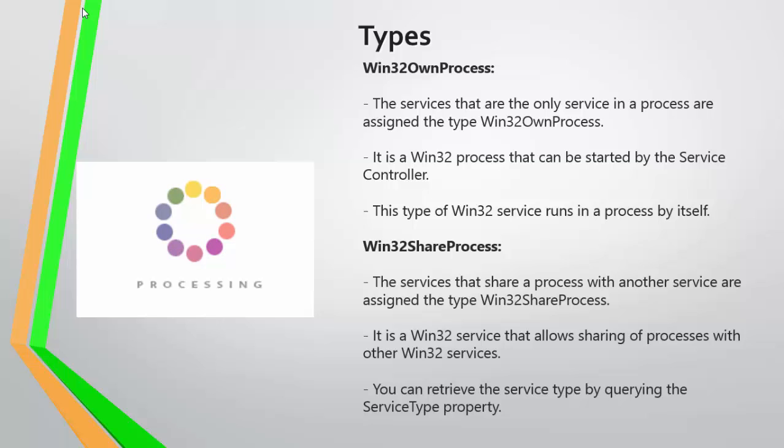This type of Win32 service runs in a process by itself. Now, Win32 share process. The services that share a process with other services are assigned the type Win32 share process. It is a Win32 service that allows sharing of processes with other Win32 services. You can retrieve the service type by querying the service type property.